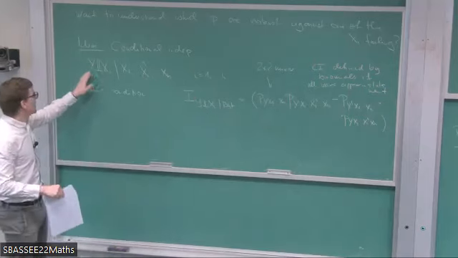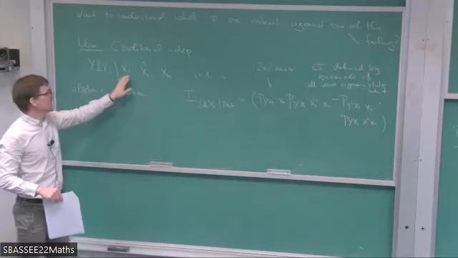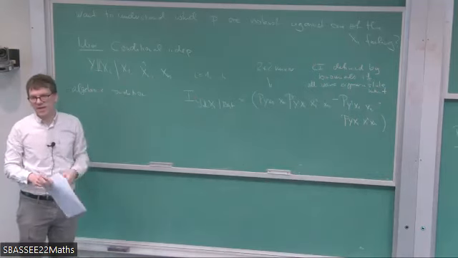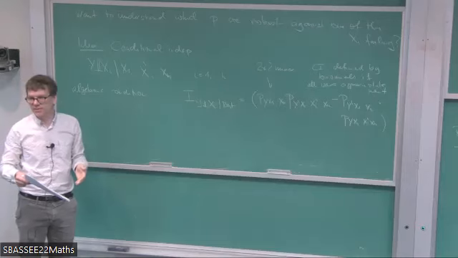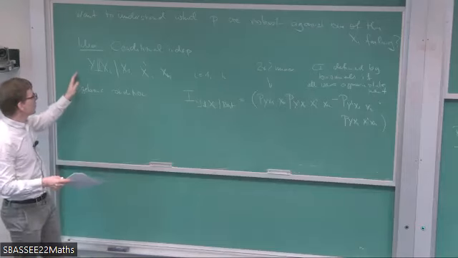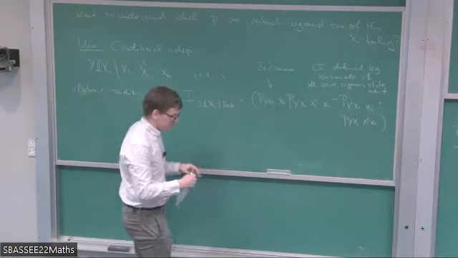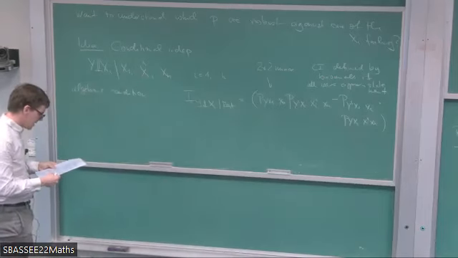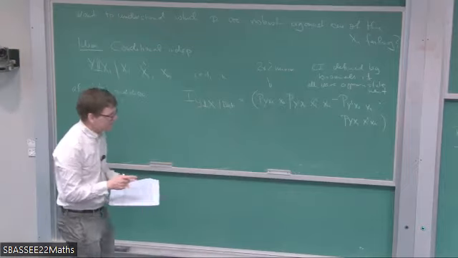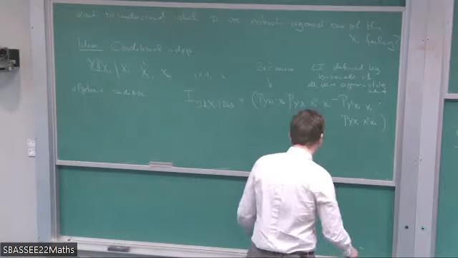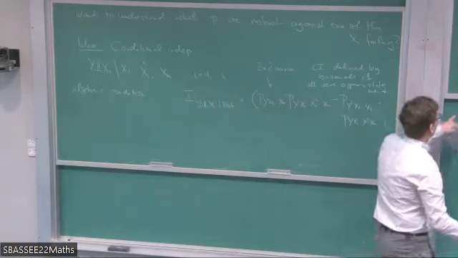If I had y independent of x1 given x2, and the others don't appear, I get more complicated polynomials. But if all the variables appear in the statement, it's going to be such a binomial ideal. Okay, so let's do the easiest example so that we can keep track of what's going on.